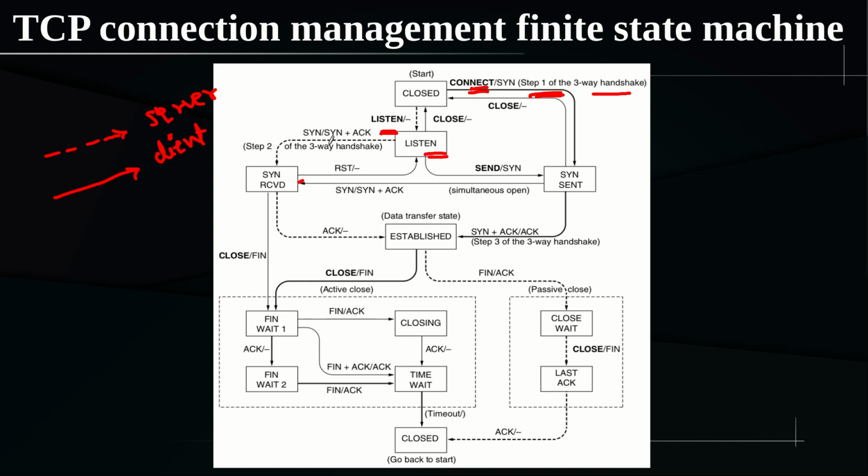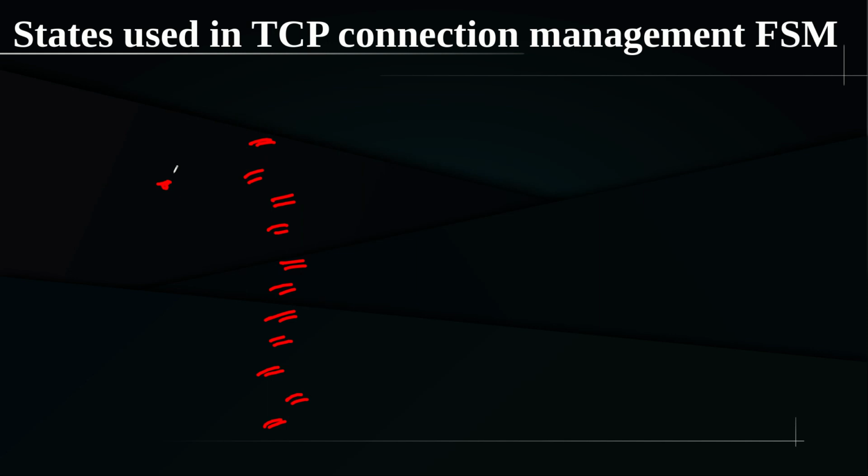As soon as it arrives, the server receives the SYN packet. Every edge is marked with an event-action pair: an event, and as soon as that event occurs, the action happening at that point.